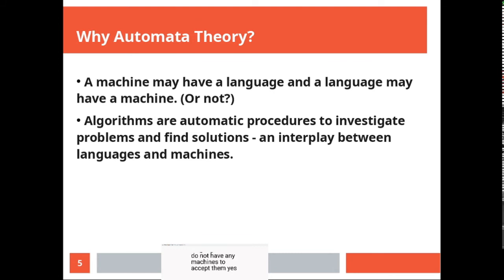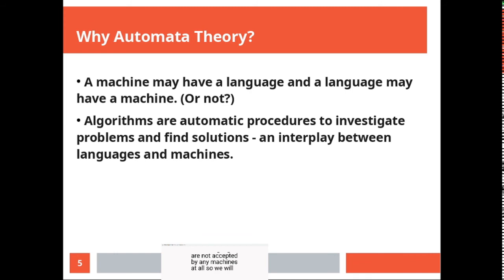Yes, we will be studying such languages and machines also. There will be certain machines which do not accept any given input, and some very special languages whose words are not accepted by any machine at all.